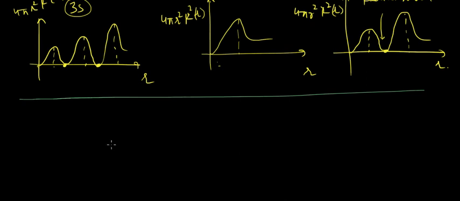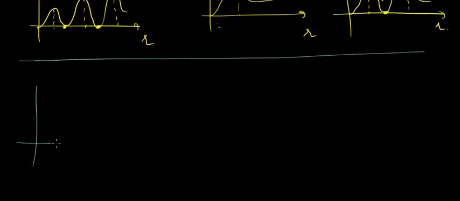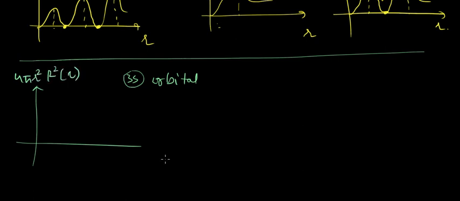So suppose we have the graph for, let's say, the 3s orbital, graph of RPDF, which is 4 pi r square R square versus r.